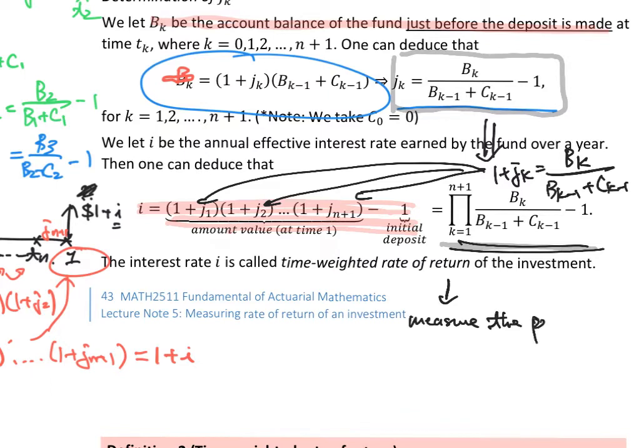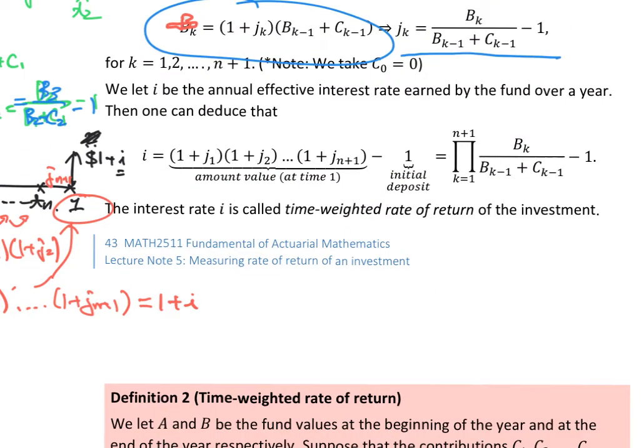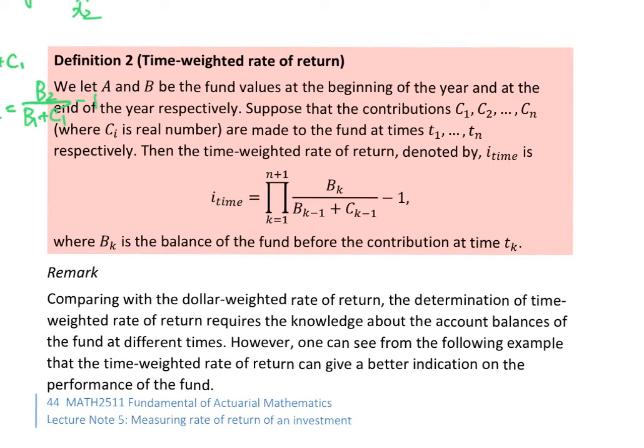Basically, it is the interest rate that you can use to measure the performance of the financial instrument chosen by the investor. According to the derivation, we expect this value to be independent of the investor's actions. So this is just a summary of the definition of the time weighted rate of return.